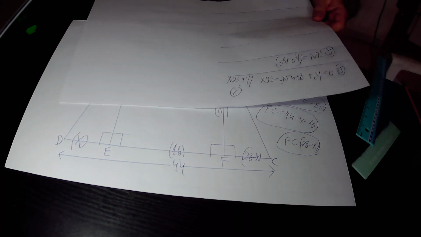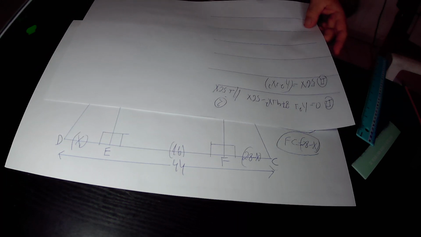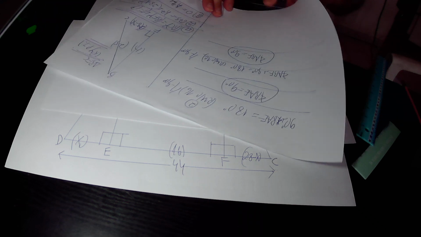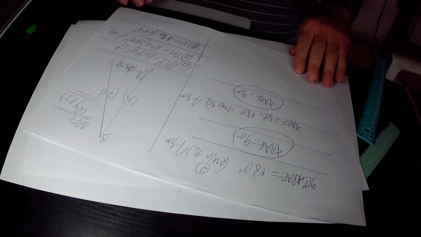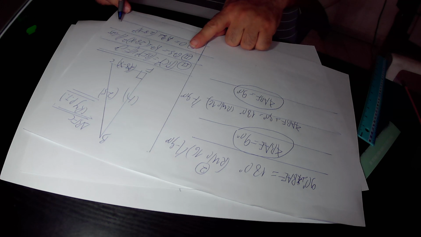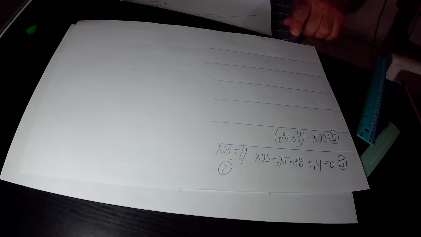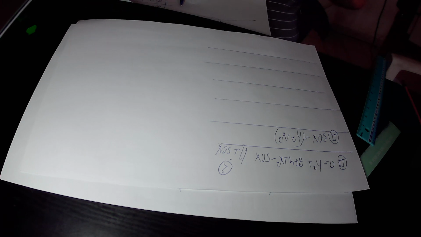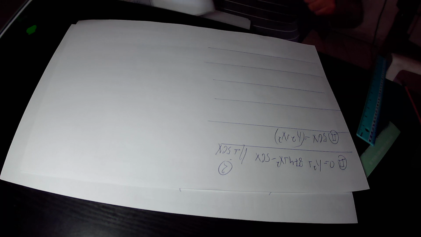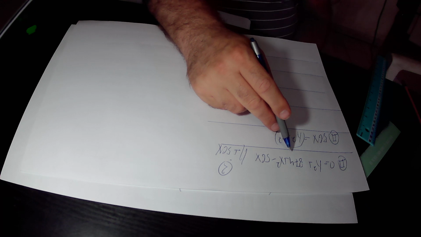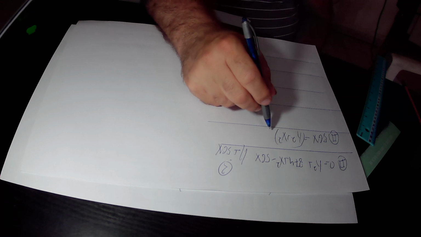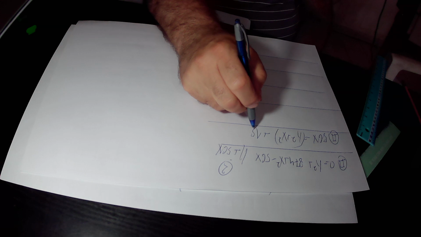Actually here we subtracted 625 from this equation, and 874 minus 625 is 159.